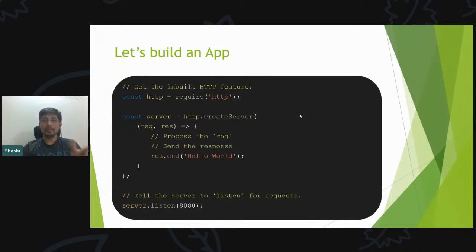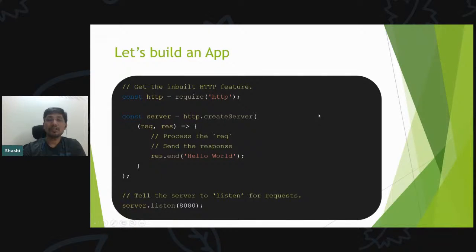So I presented this code in the first webinar that we had, where I was trying to explain how easy it is to build a web server in Node.js. All we are doing is fetching the inbuilt functionality of the HTTP library, which is present inside Node.js itself.